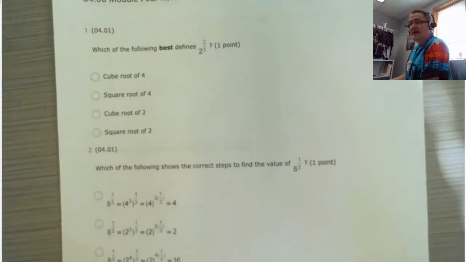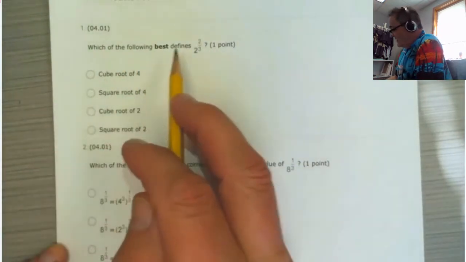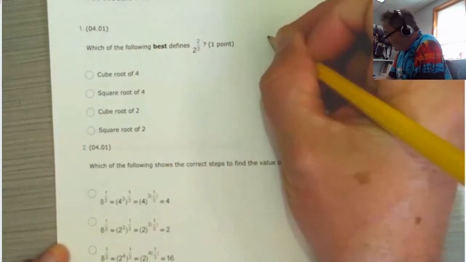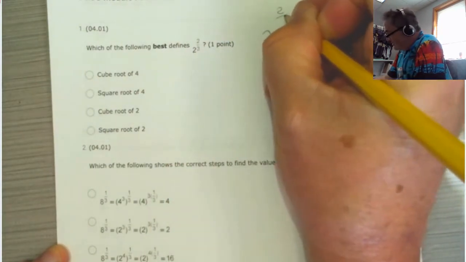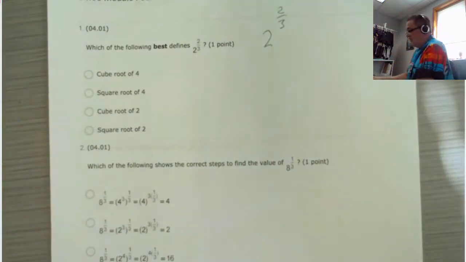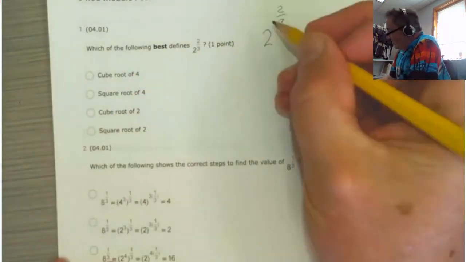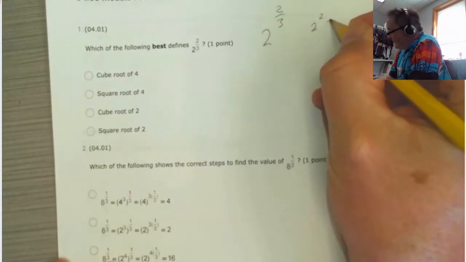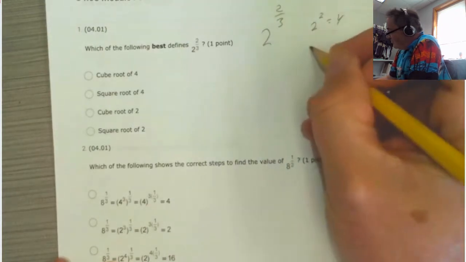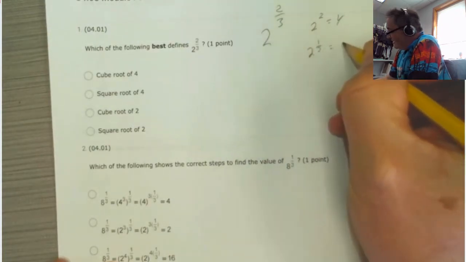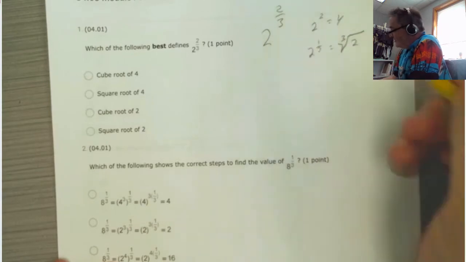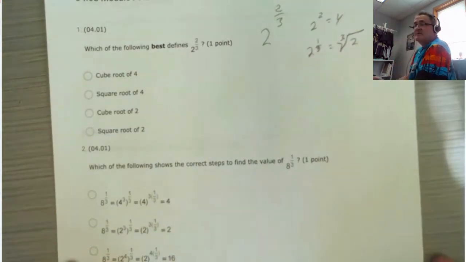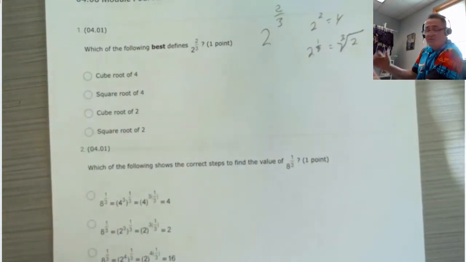Okay, so starting out, which of the following best defines 2 to the 2/3 power? Now that's an exponent. That's a 2, and the 2/3 is up here like an exponent. So which one of these is that? Well, if it was just 2 to the second power, that'd be 4. If it was just 2 to the 1/3 power, that would be the cube root of 2, because a fractional power is a cube root or square root or fourth root or whatever root.